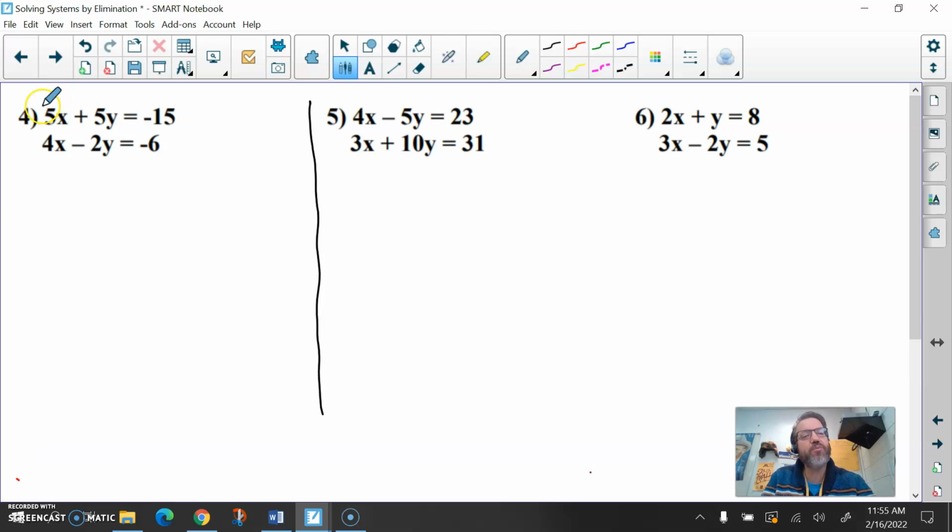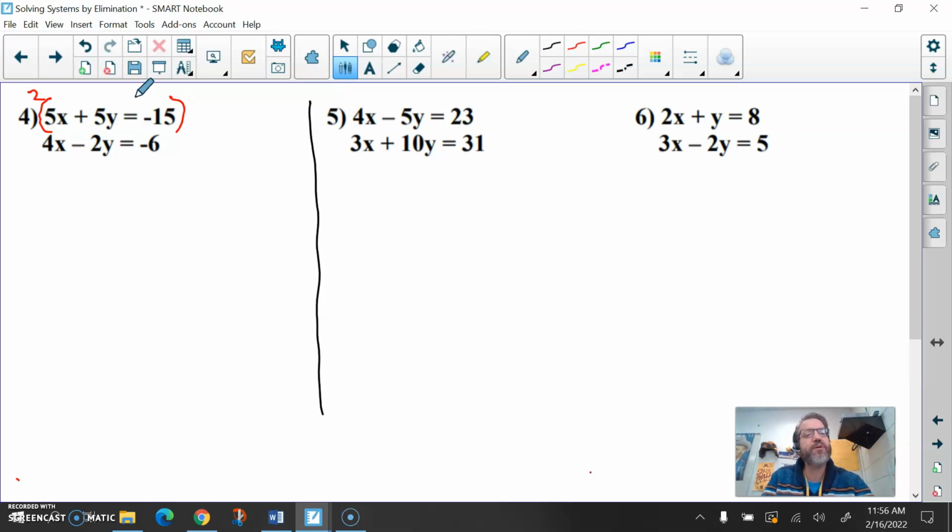So in my top equation, if I multiply everything here by 2, I'll get a 10y here. So that's what I'm going to do: multiply everything in this equation by 2. And as long as you do that to all 3 terms, you're not changing the fact that these 2 sides are equal to each other. It'll still be balanced because you're multiplying both sides by the same value.